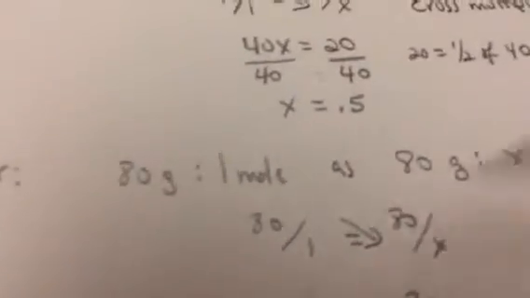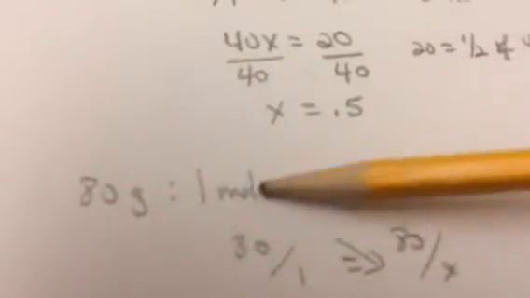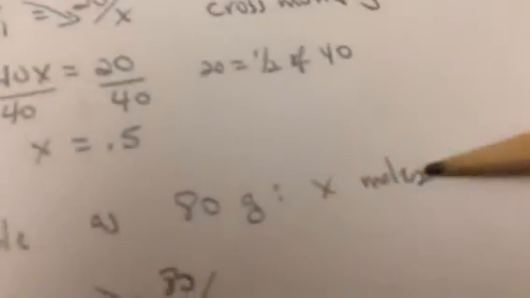That's for your calcium. The next is your bromine. You have 80 grams of bromine is to 1 mole, because on the periodic table it tells us that a mole of bromine is 80 grams. We have 80 grams of bromine is to how many moles?